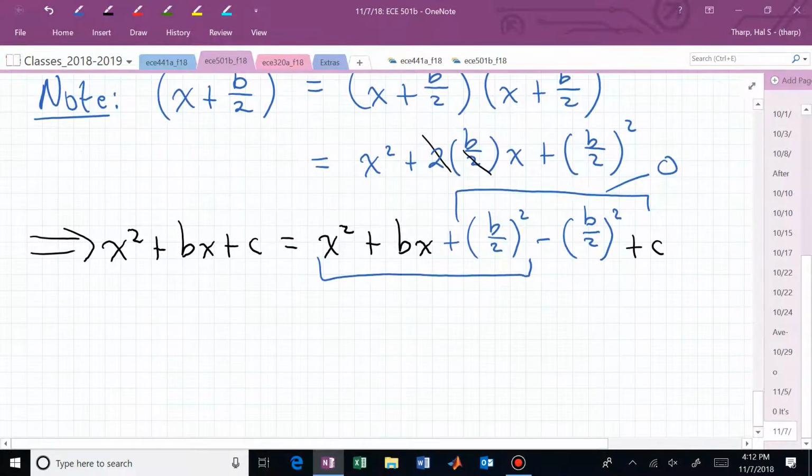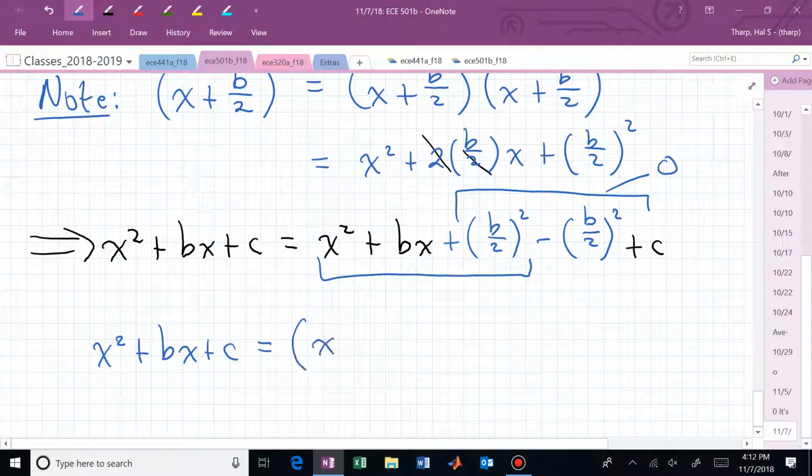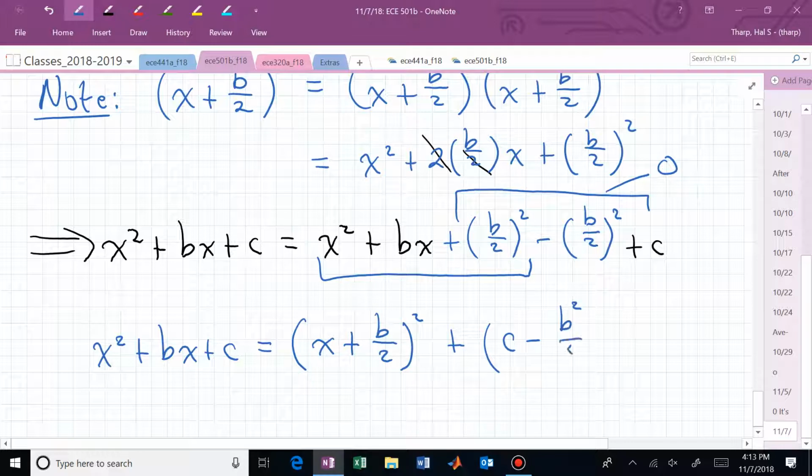Or I can now say that x squared plus bx plus c is equal to x plus b over 2 quantity squared plus what's remaining, which is c minus, and let me multiply that out, b squared over 4.